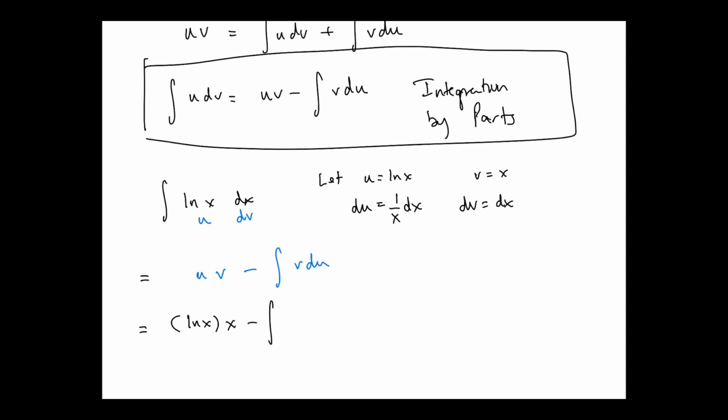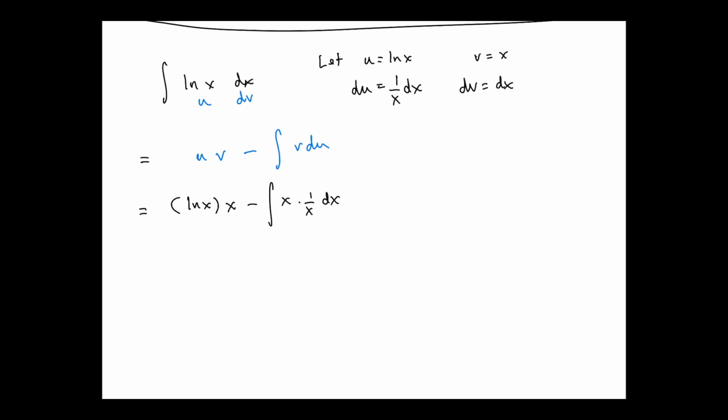X. What's du? Okay, and so we have that. So I just substituted in the four quantities, well, really three, I guess. u and v were log x and x, then minus the integral, and then the integral was v du, and we knew what v and du were, so we substituted those in.